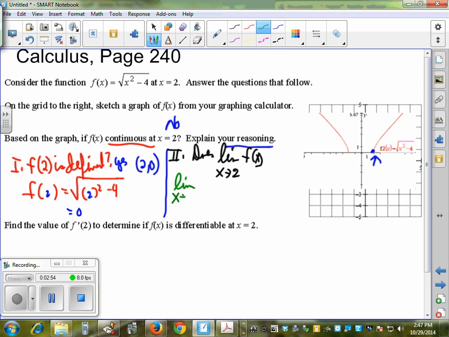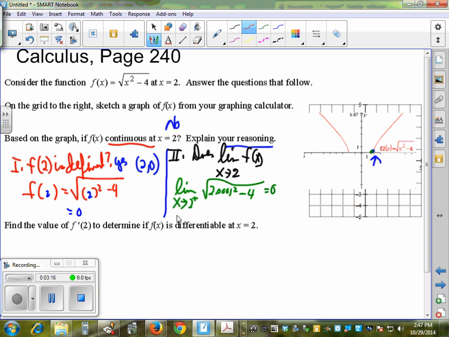Let's approach 2 from the right. And let's plug in something like 2.0001 squared minus 4. That's essentially 4 minus 4. That gives us 0, and we see that point there.